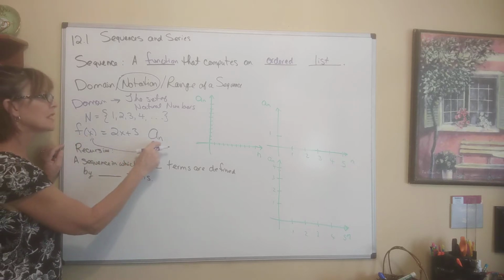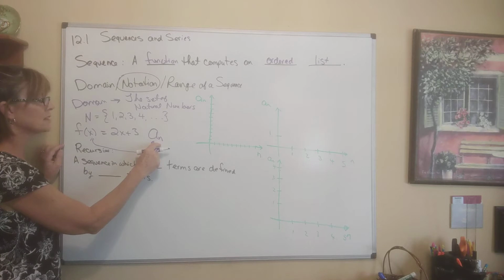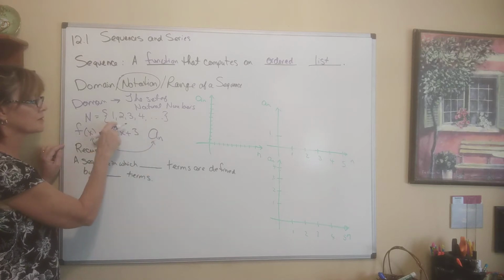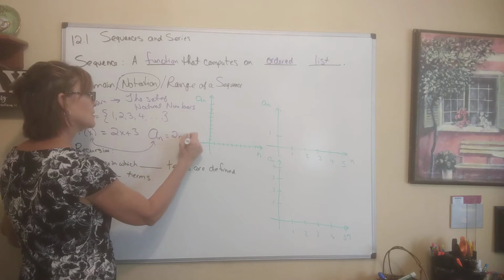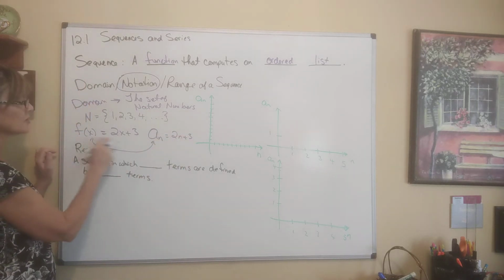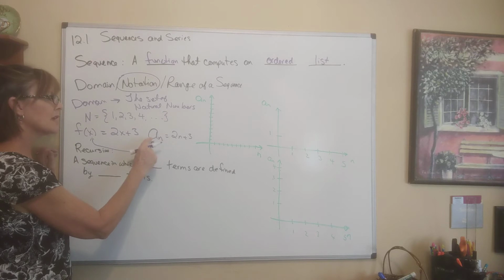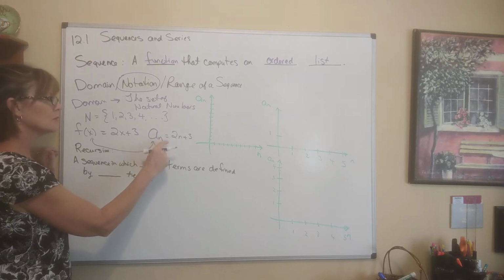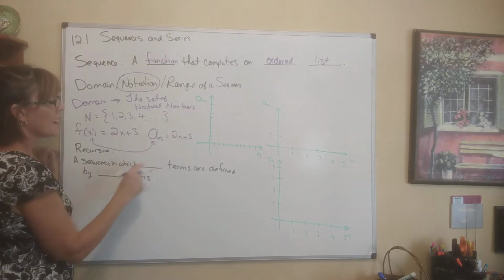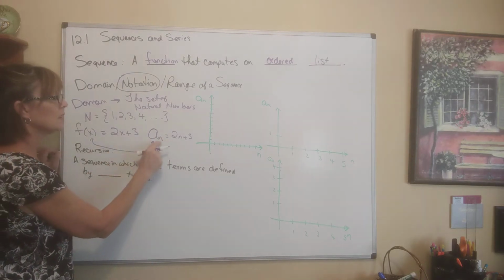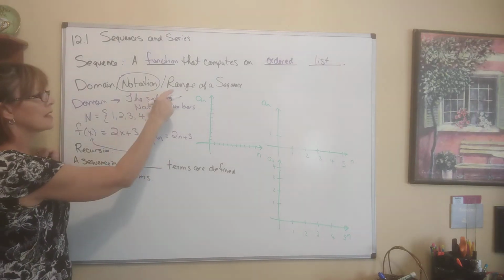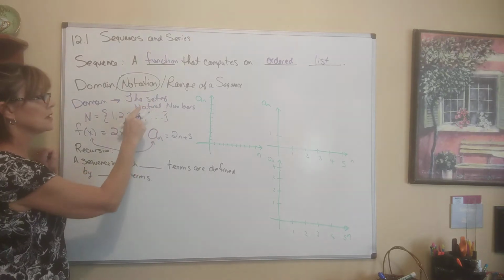The reason they use an n is because that reminds us that the input is natural numbers. And so the rule would be 2n plus 3. So instead of writing our function like this, we write it like this: a sub n is equal to 2n plus 3. And we understand that the input to this type of function is only the natural numbers. Okay, so that's the notation that we'll be using here.